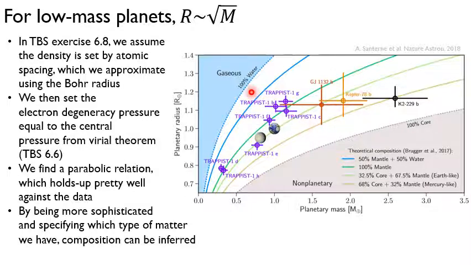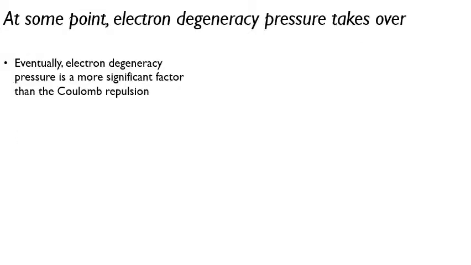And if the thing's pure water, it's a quite large radius for a given mass. What that means is that by getting a mass-radius measurement for a planet, you can actually say something about the composition of that planet, which is kind of amazing. That would then complement any information you may get from spectroscopy of the atmosphere during a transit event, for instance.